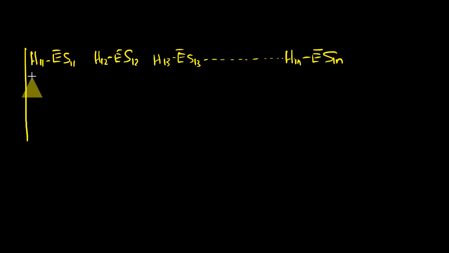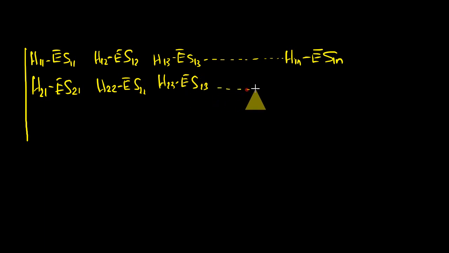Then the second row of the determinant, that is h21 minus E bar s21, then h22 minus E bar s22, then h23 minus E bar s23 etc. The last term is h2n minus E bar s2n.